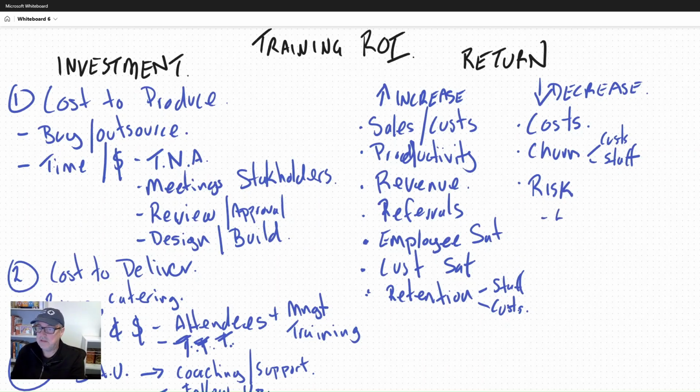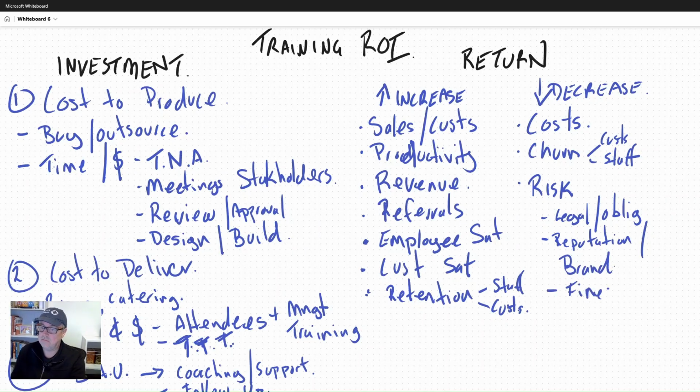These could be legal obligations, a decrease in damage to your reputation, your brand, or a decrease in fines, penalties, something along those lines.